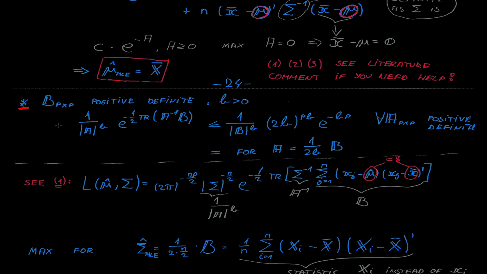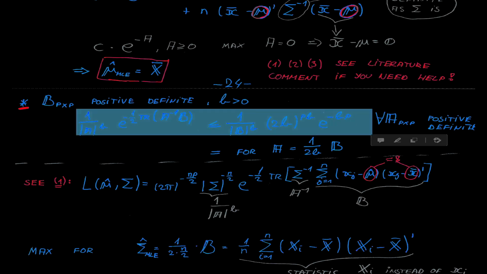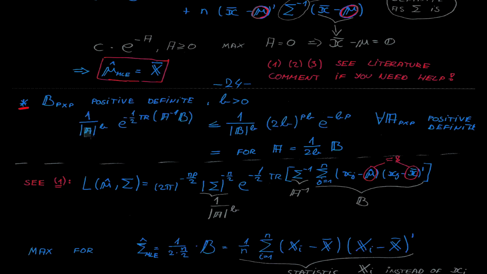So 1 divided by a to the power of b, e to the power of minus 1 divided by 2 trace of this expression, is smaller or equal than, so what we have here is not a, but b, 1 divided by b to the power of b, so our second matrix, times this number. So 2b to the power of pb, e to the power of minus bp, and this inequality is true for every positive definite matrix A.